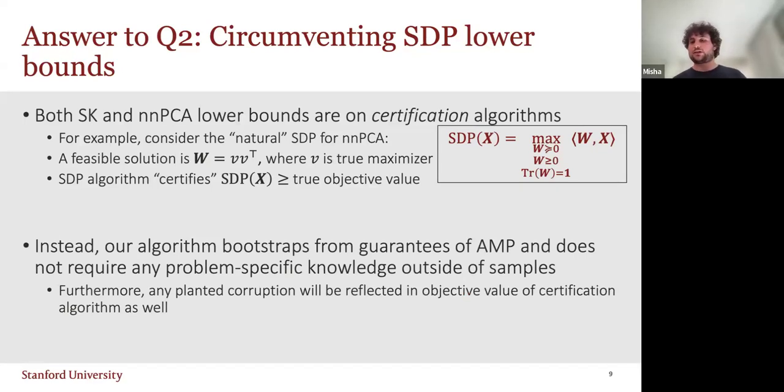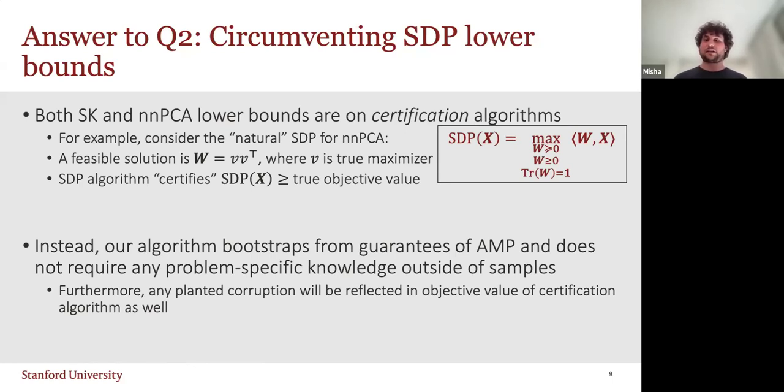Another reason why certification algorithms should fail is because they will incorporate planned corruptions. For example, if I were to substitute X to be Y instead, where Y is the corrupted version of X, this SDP approach will certify the new value on Y. In other words, if we take some other true maximizer for Y now, the new SDP value must be at least the maximization value for that.